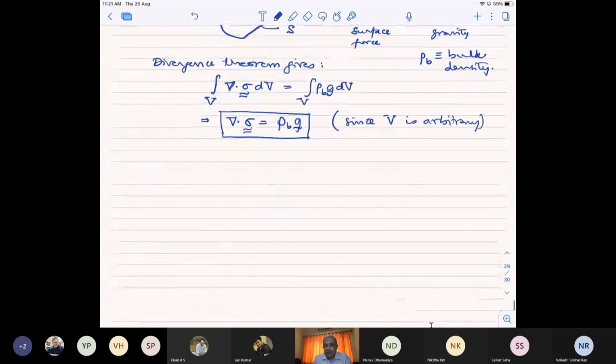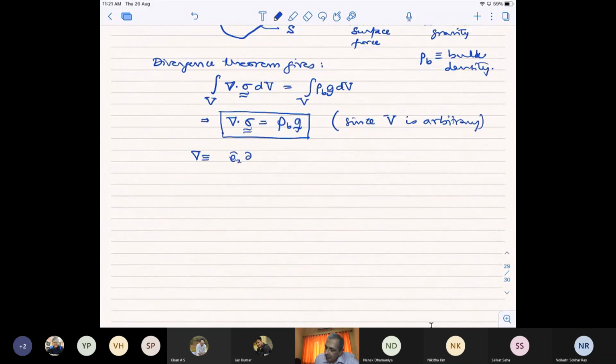And the same thing if we put in component form, then divergence of sigma, we have learned how to do this. You know that the divergence, the nabla operator, is just Ex del by del x plus Ey del by del y, so in 2D, and in 3D it will be plus Ez, and then we know the tensor form for sigma.